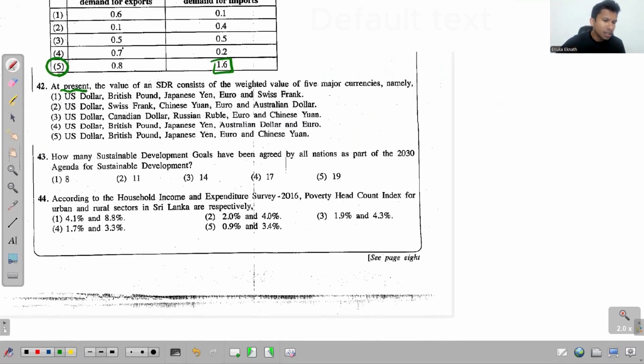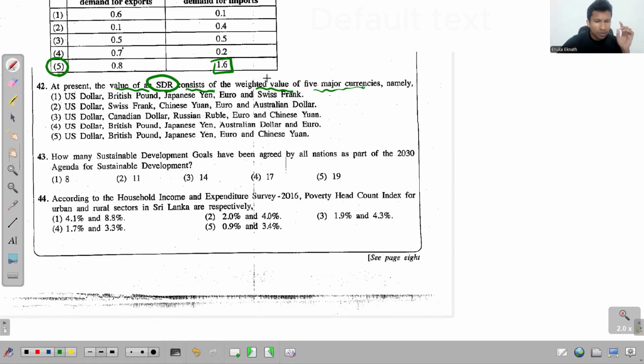It says at present, see that now this also may change, but at present, the value of SDR consists of the weighted value of 5 major currencies, namely. All right, so SDR stands for special drawing rights. So the value of these special drawing rights is calculated as the weighted average of 5 major currencies.